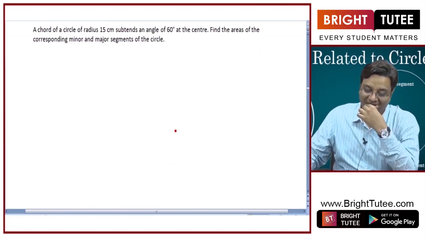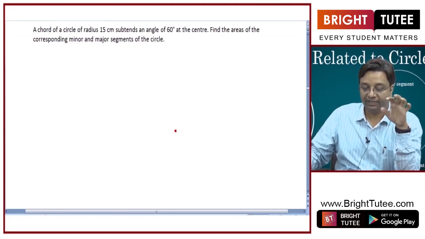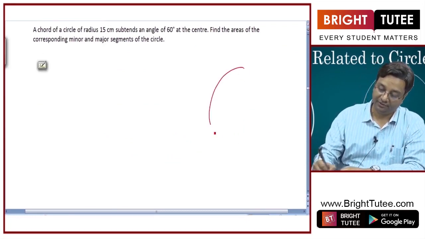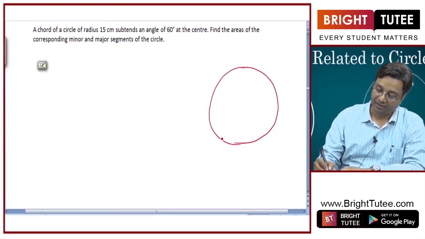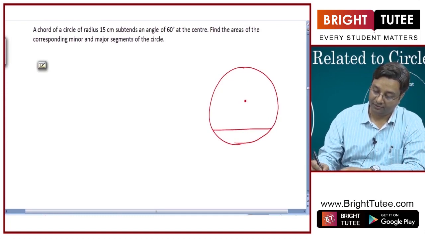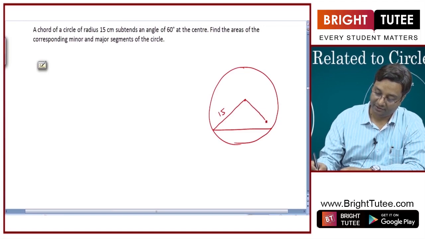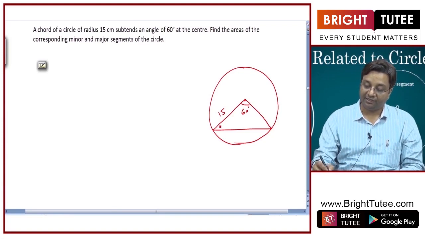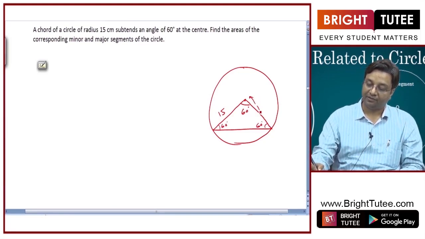Okay, let's take one more question here. A chord of a circle of radius 15 centimeters subtends an angle of 60 degrees. So there is a chord, and this is radius 15 centimeter, and this angle is 60 degrees. So if this angle is 60 degrees, we know that these two angles are also 60 degrees. Why?